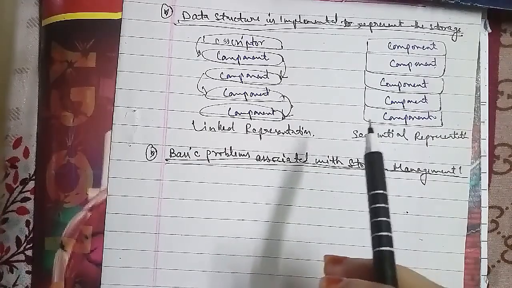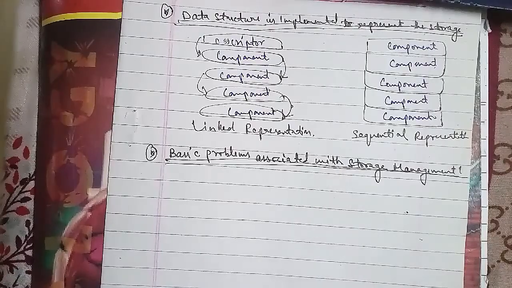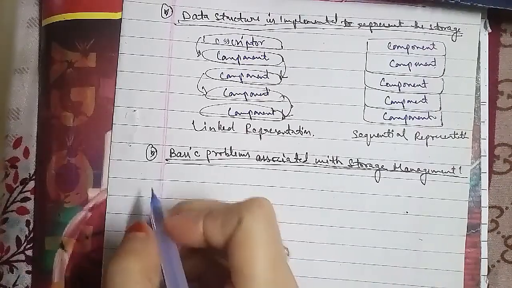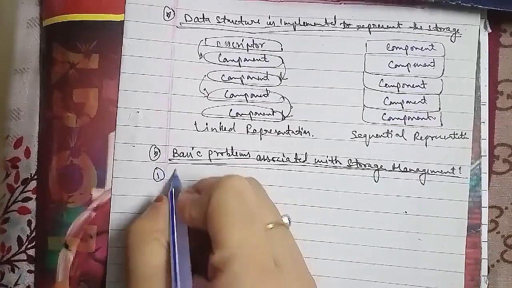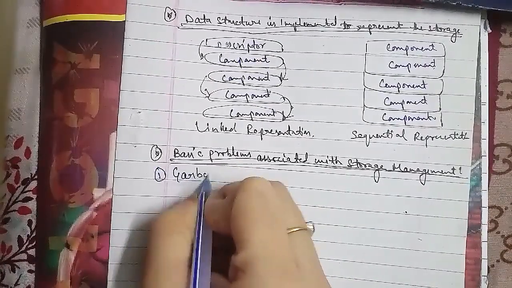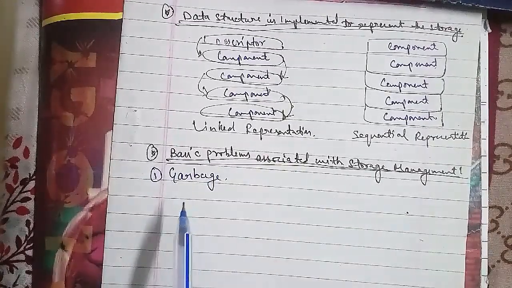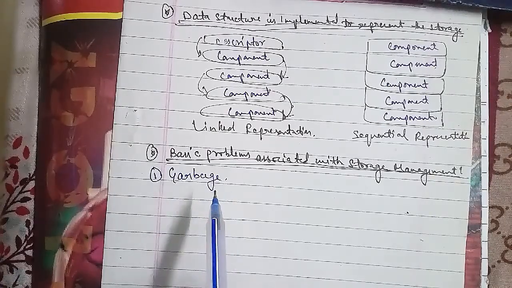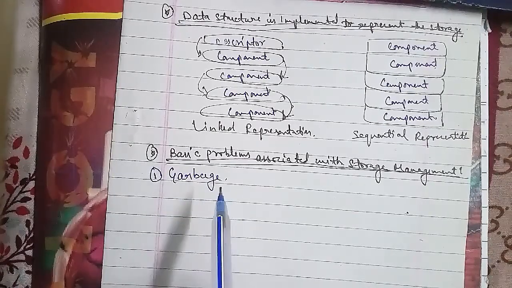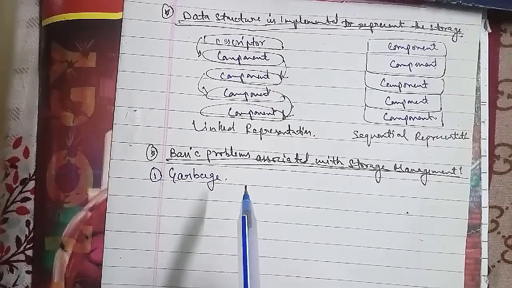The first basic problem associated with storage management is garbage. When all access paths to a data object are destroyed but the data object continues to exist, the data object is said to be garbage. It is a data object that can no longer be accessed from any other part of the program, so it is of no further use.